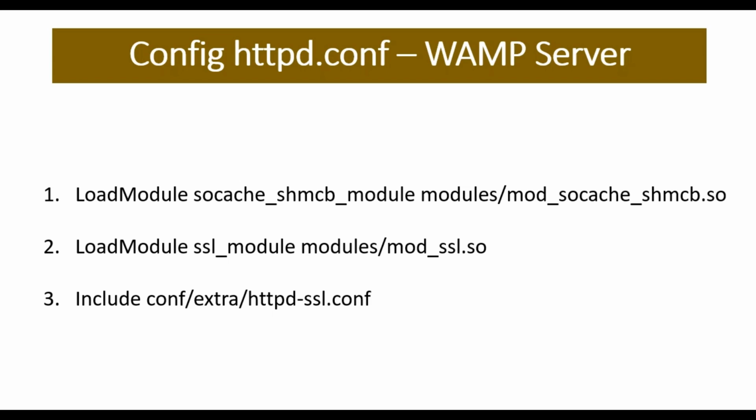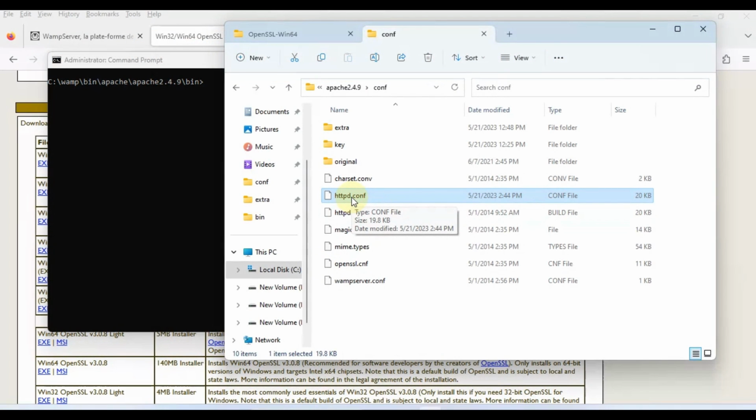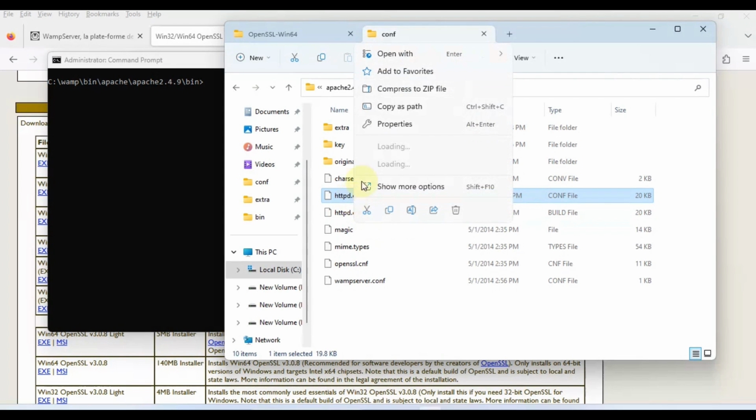The second one is the SSL module. And the third one is enabling access to the httpd-ssl.conf file. So we will open the httpd.conf file. It resides in the conf directory of the Apache folder. So this is the httpd.conf file and we will open it.